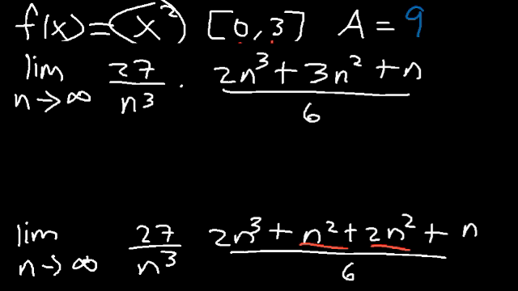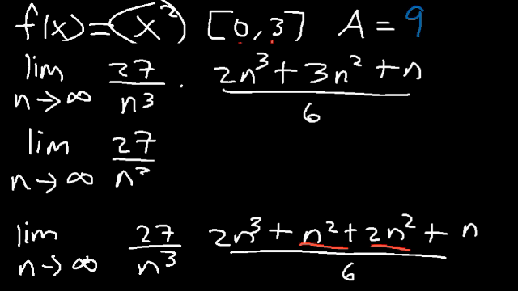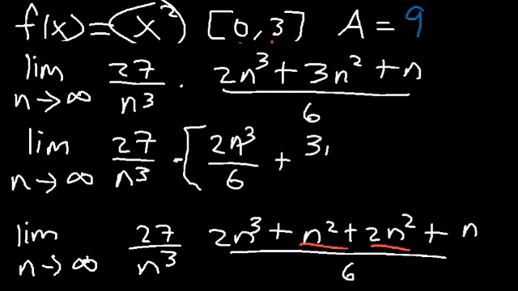Let's separate this fraction into 3 smaller fractions. So what I'm going to do is divide each term by 6. So 2n cubed divided by 6 plus 3n squared divided by 6 plus n over 6.